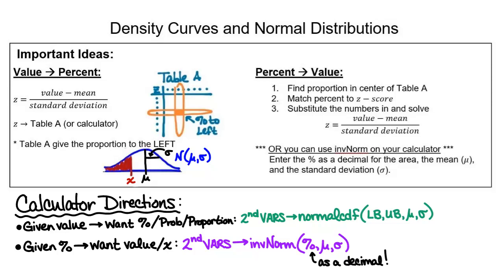If you're given a percentage and you want the value, the X: second vars, inverse norm, percent as a decimal, and remember that has to be the percentage to the left. So if we're trying to find something and greater, we have to do 1 minus so that we get the area to the left. And then mean and standard deviation, all separated by commas with our parentheses.